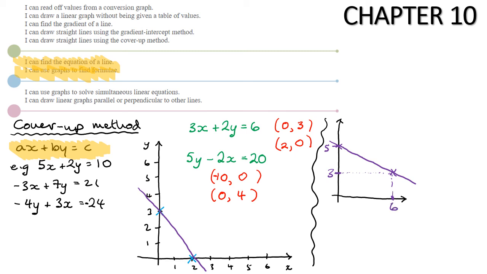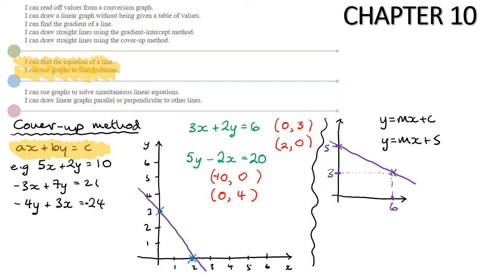Right, so like the gradient-intercept method but backwards. So I know that this line is going to go y equals mx plus c. c is very easy, that's where it crosses the y-axis, and that's 5. So I know that it's y equals mx plus 5. That's where it crosses the y-axis.